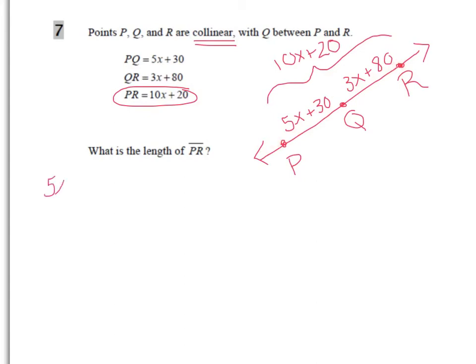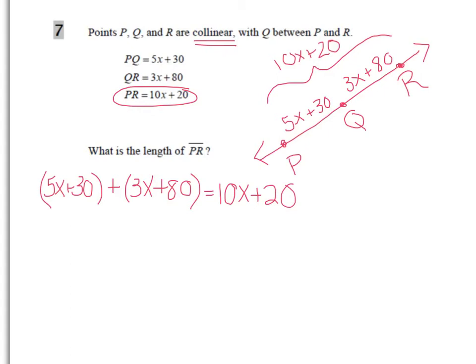Therefore, 5x plus 30 plus 3x plus 80 is going to equal 10x plus 20. So 5x plus 3x, again, we're combining like terms. 5x plus 3x is 8x, and 30 plus 80 is 110, and that equals 10x plus 20.